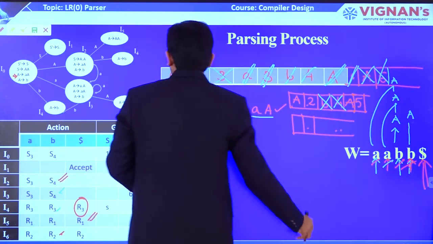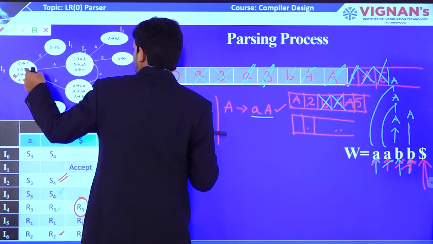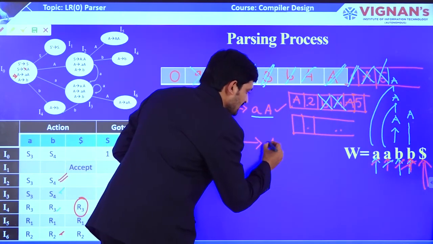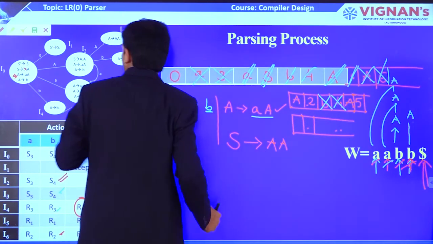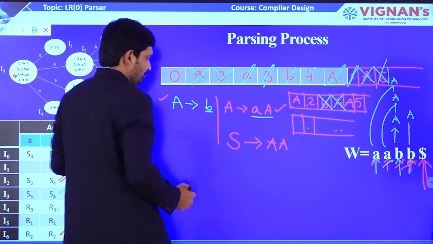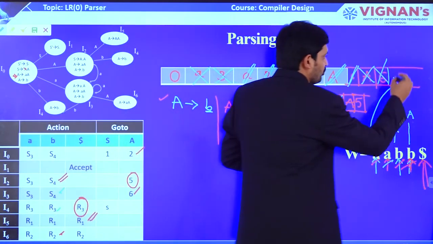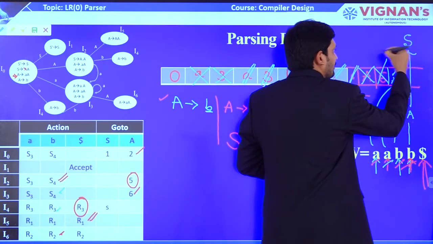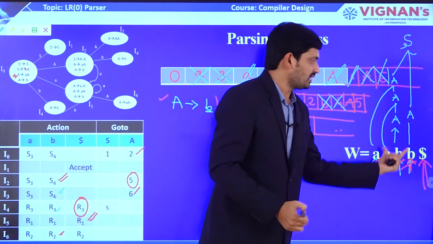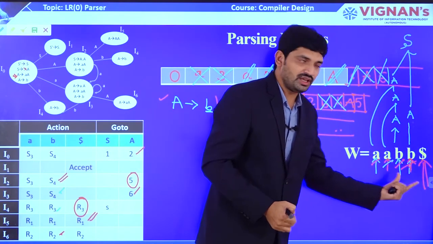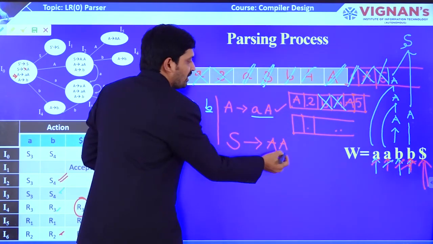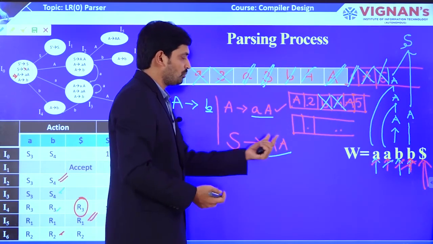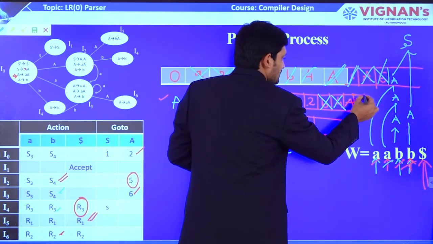That means I am going to perform the reduction operation depending upon production number 1 as S tends to AA. So, this is the parse tree. And at the same time, there are 2 symbols on the right hand side of the reduction production. So, I have to pop 4 symbols from the stack.